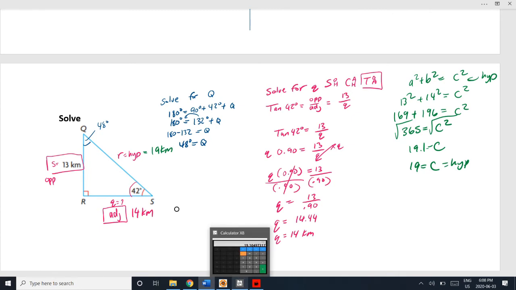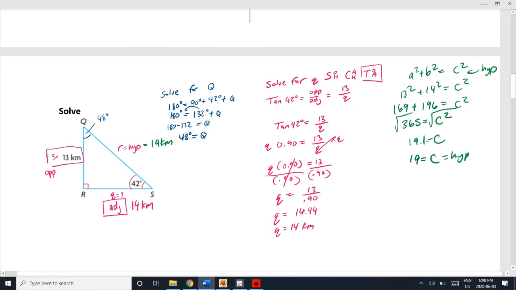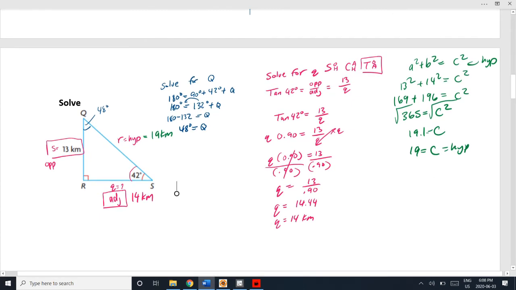Okay, and now we can just list all our sides and angles over here. So we'll do QRS, so these are our sides. So side Q, we said was 14 kilometers. Side R is 19 kilometers. And side S is equal to 13 kilometers.